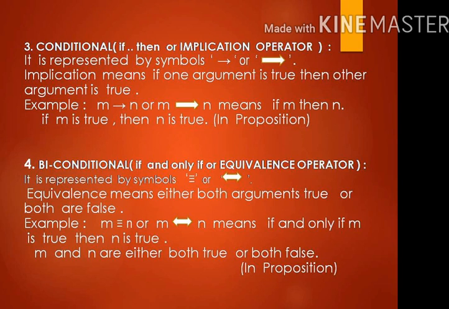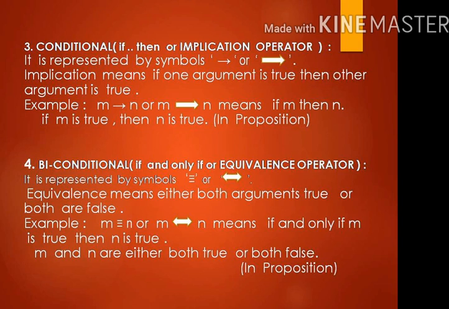Implication means if one argument is true, then the other argument is true. Example, M implies N. If M, then N. If M is true, then N is true in the proposition.